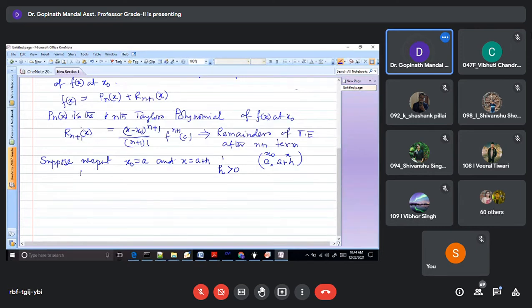Then any point between a and a plus h can be written as a plus theta h, where theta belongs to 0 to 1.